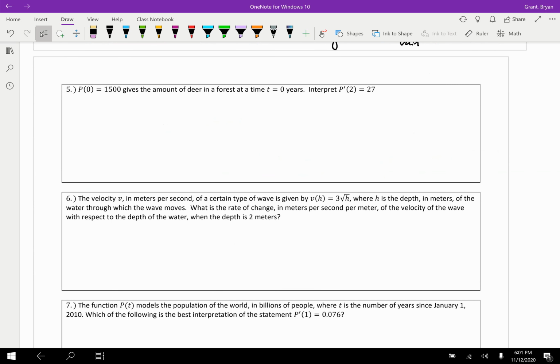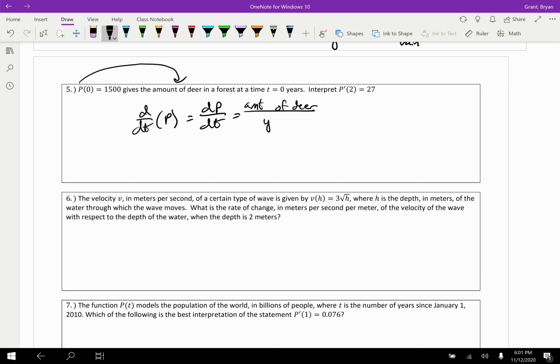P of 0 equals 1500 gives the amount of deer in a forest at time t equals 0 years. Interpret P prime of 2 equals 27. So we already know that P is the amount of deer. If we do d dt of P, then we have dP dt. P was already the amount of deer, and t, this time, is years.